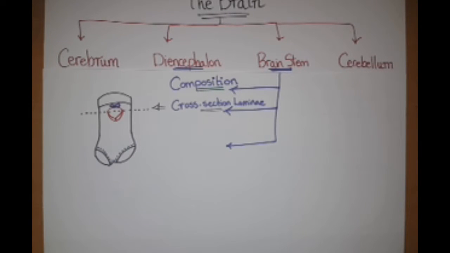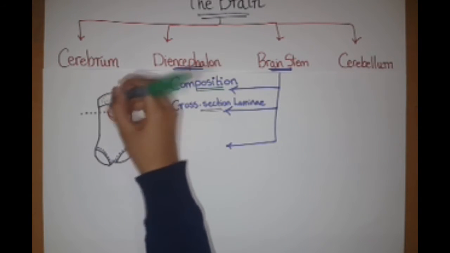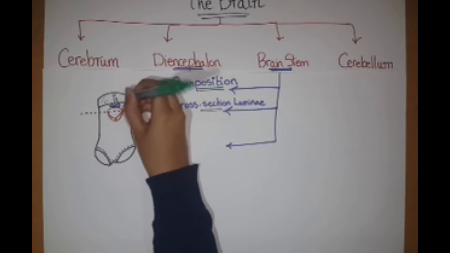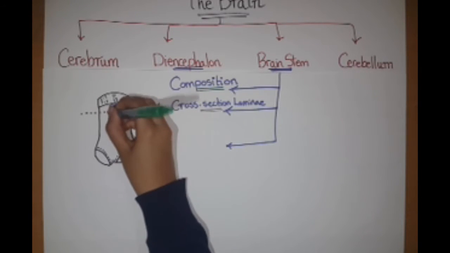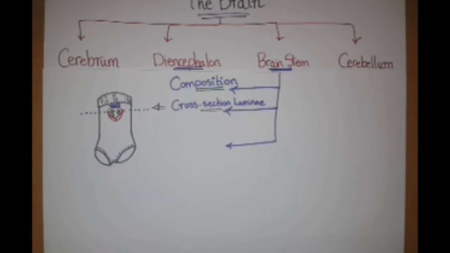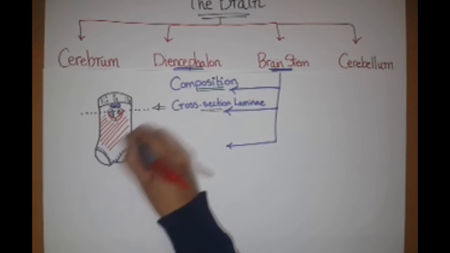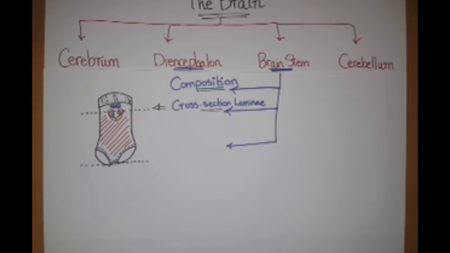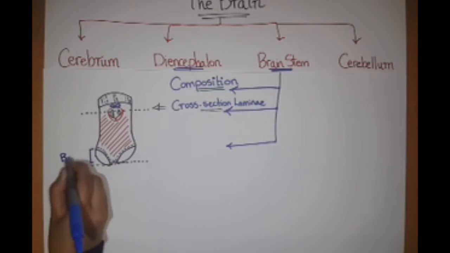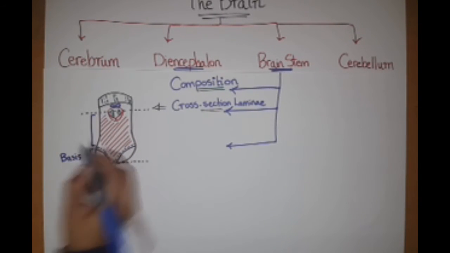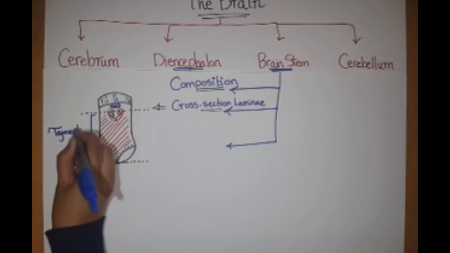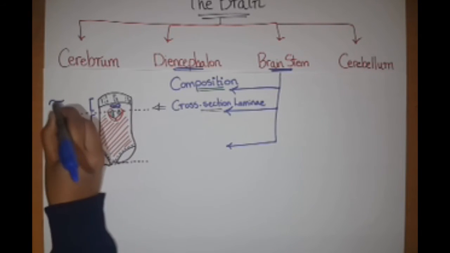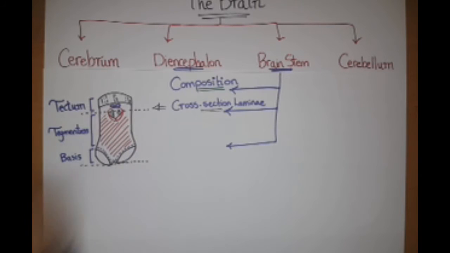Until the drawing is complete, let's discuss the importance of this cross section. Mainly, the brainstem is what separates the brain from the spinal cord, and what connects them, and that's why we are studying this cross section. It's mainly composed of three sections: the basis, the tegmentum, and the tectum.